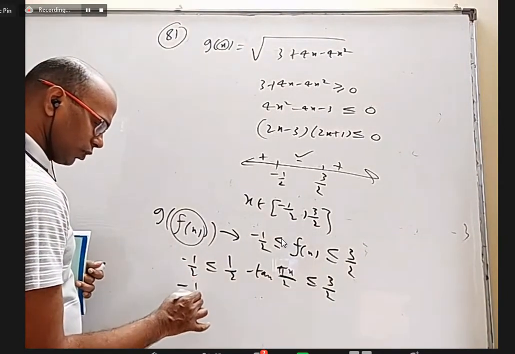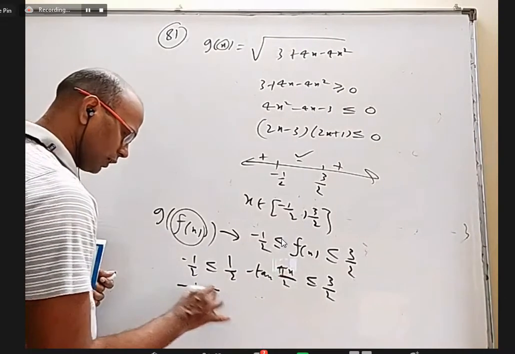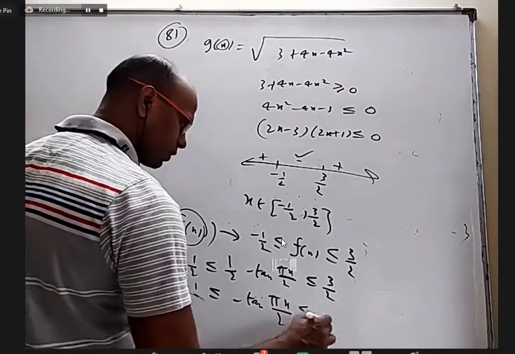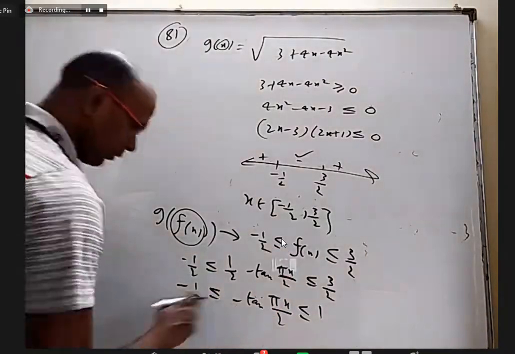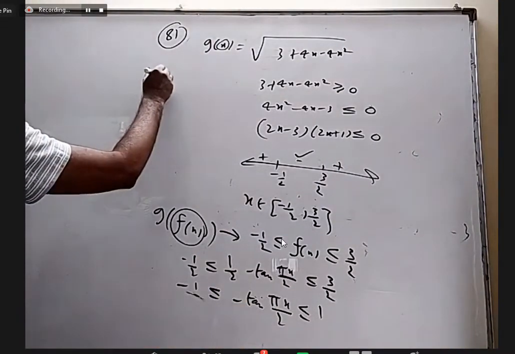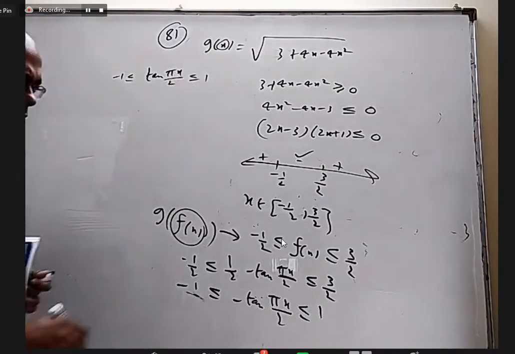I will get minus 1 less than or equal to minus tan pi x by 2 less than or equal to 1. When I multiply, if something is between minus 1 to 1, the negative of that is also between minus 1 to 1. So we will get tan pi x by 2 is between minus 1 to 1.